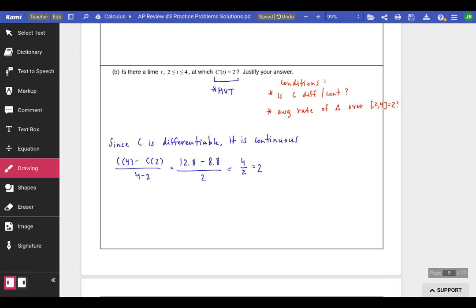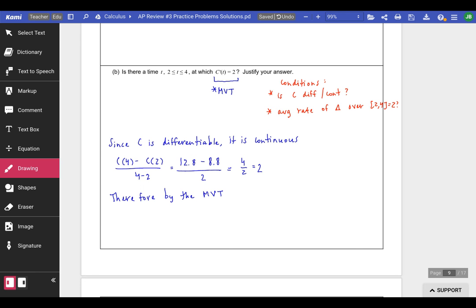We know this function is continuous and differentiable, so that tells us it is true that at some point the derivative has to be equal to 2. Now that we've shown those two conditions, we can say, therefore, by the MVT, mean value theorem, and then I'm just going to use this question stem to form my conclusion.